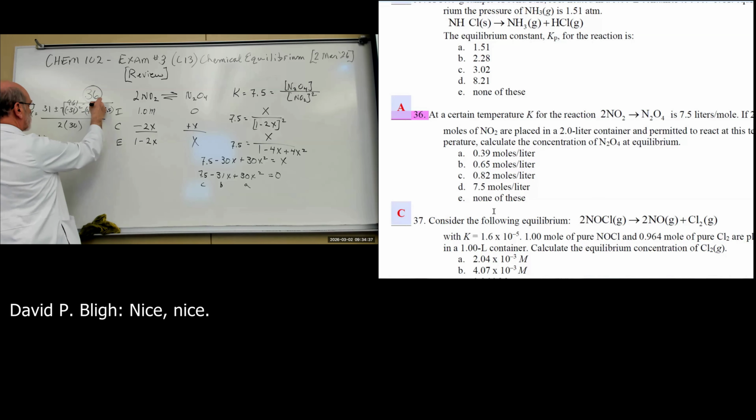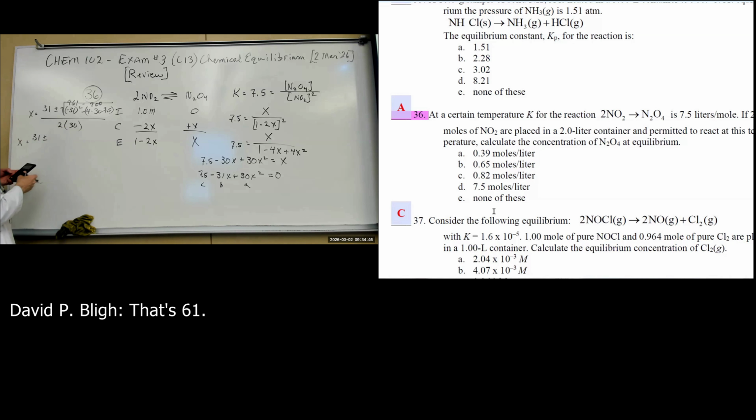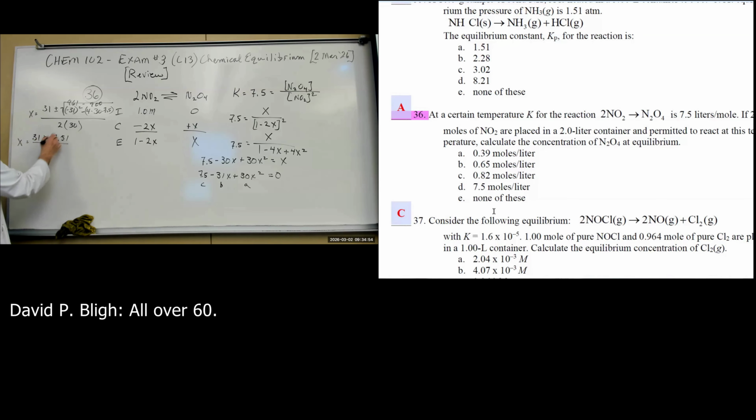Minus 900. So that's 61. Oh, square root, excuse me. I'll take the square root of that. That's the square root of 61, 7.81, all over 60.